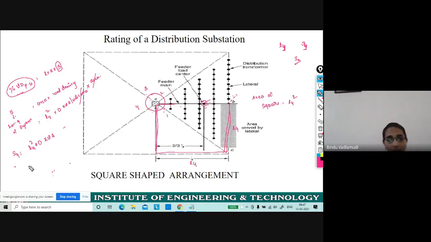Next line. Let us consider uniformly distributed load in increasing fashion.